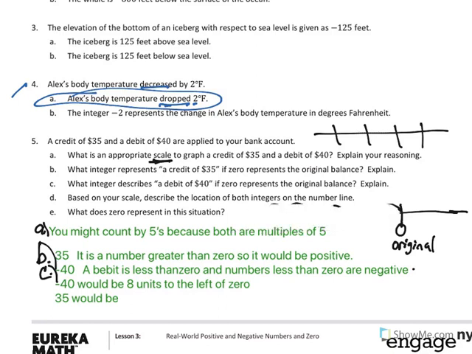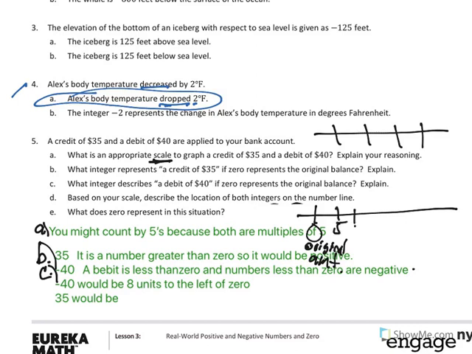Let's make it a little differently this time, let's draw a line here. Let's make our 0 here. It's our original number.